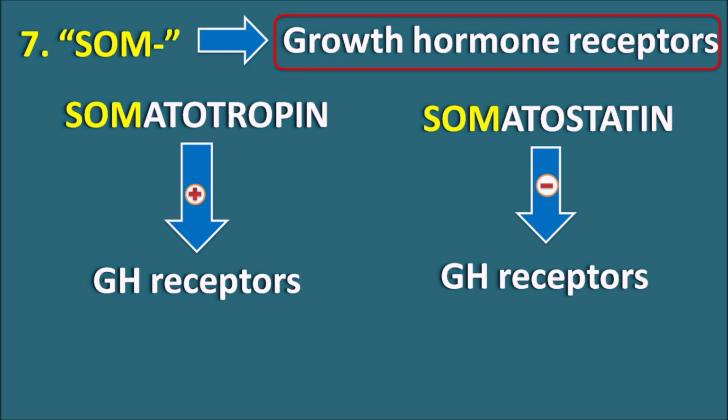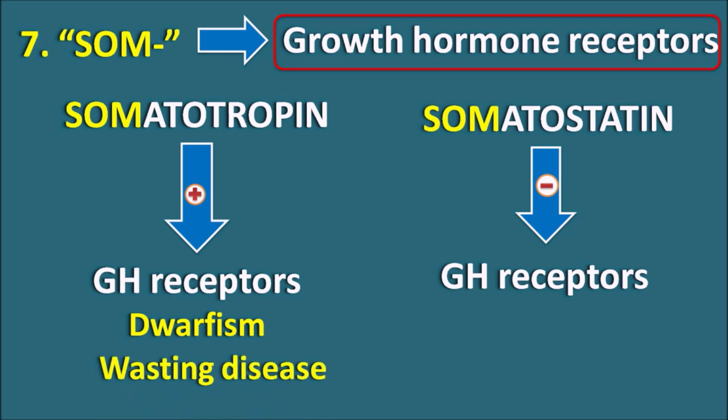So somatotropin increases the growth hormone action, thereby it can be used in a few of the conditions like dwarfism. Dwarfism is a condition of reduced growth because of the lack of growth hormone. Similarly, in the wasting disease, which is particularly observed in the AIDS patients, the somatotropin can be used. And somatostatin can be used in the treatment of acromegaly.